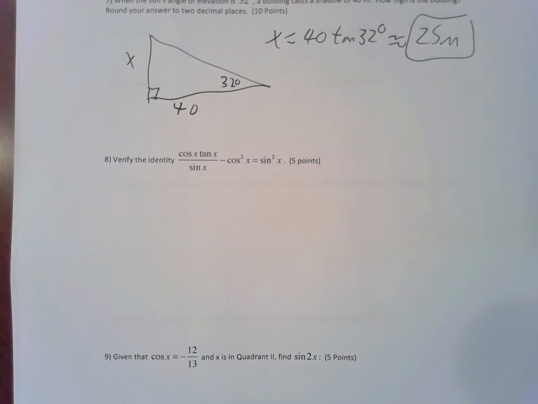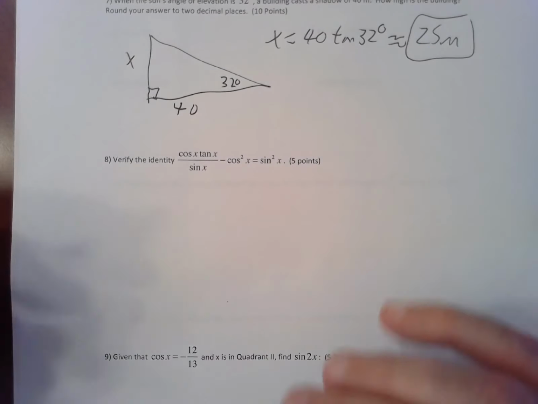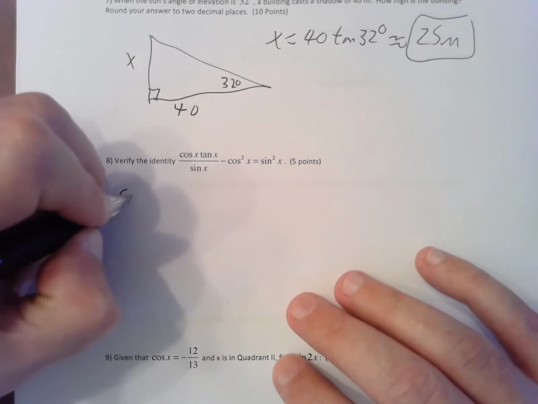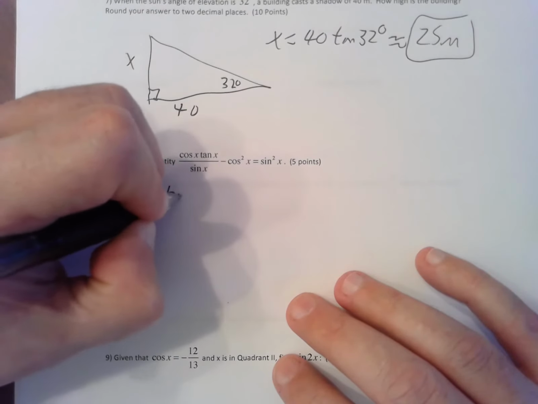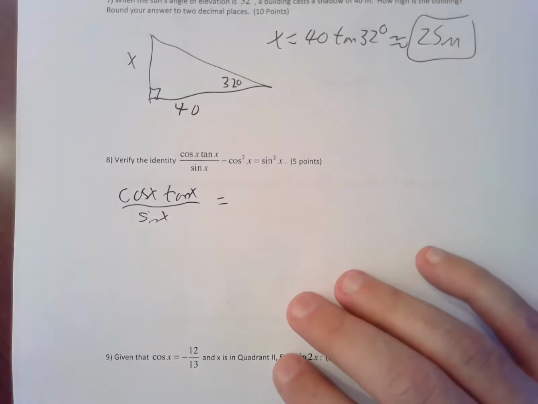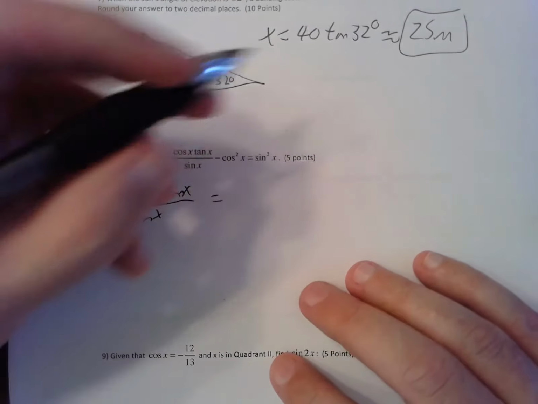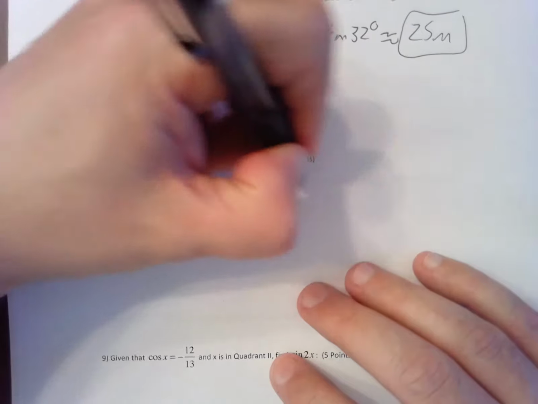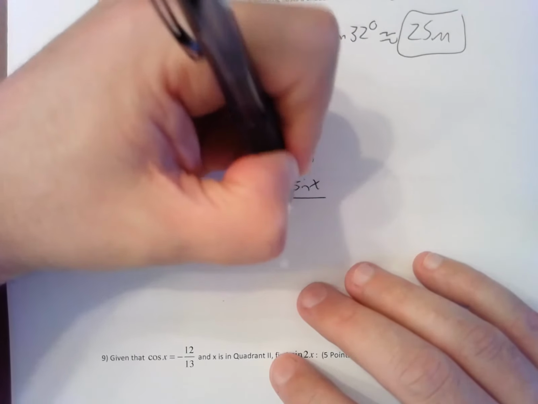Okay, we want to prove this identity. Start with the more complicated side. Write it down exactly the way it looks. Put an equal sign and make some minor changes. I'm going to rewrite that tangent as sine over cosine.